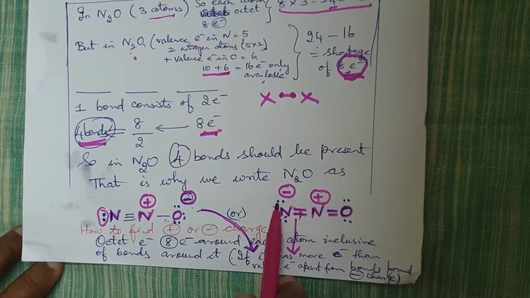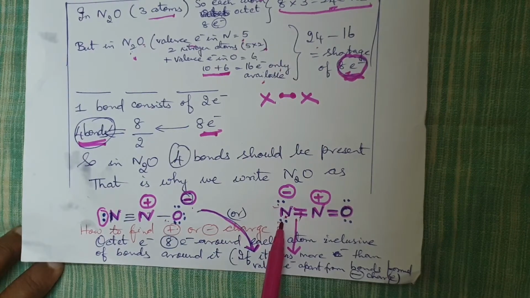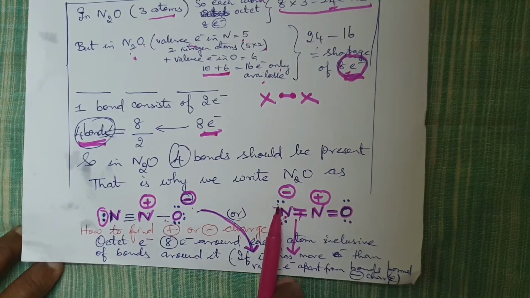The remaining 4 electrons are written as 2 lone pair of electrons. The valence number of electrons is 5 for nitrogen, and so there are 2 lone pair of electrons as well as 2 bonded electrons. So nitrogen has got a negative charge. So the next nitrogen will be having a positive charge.